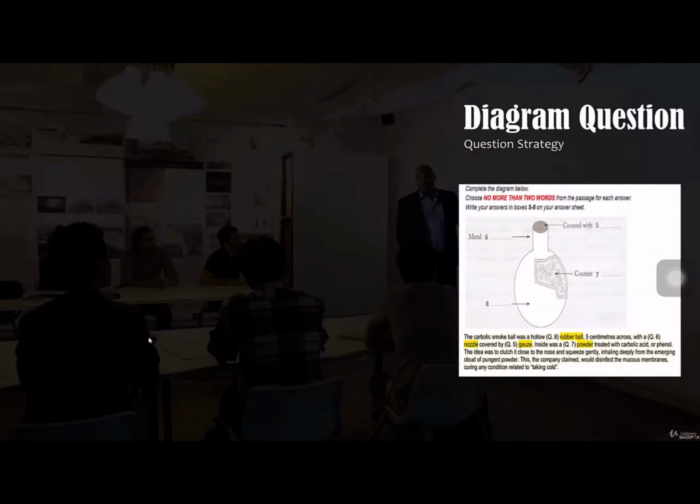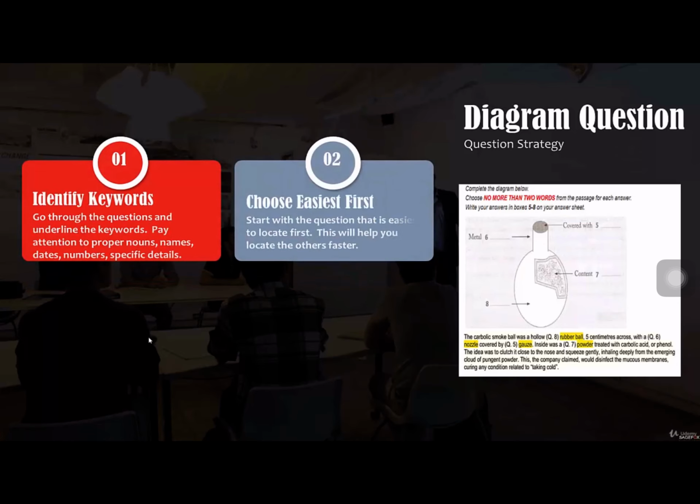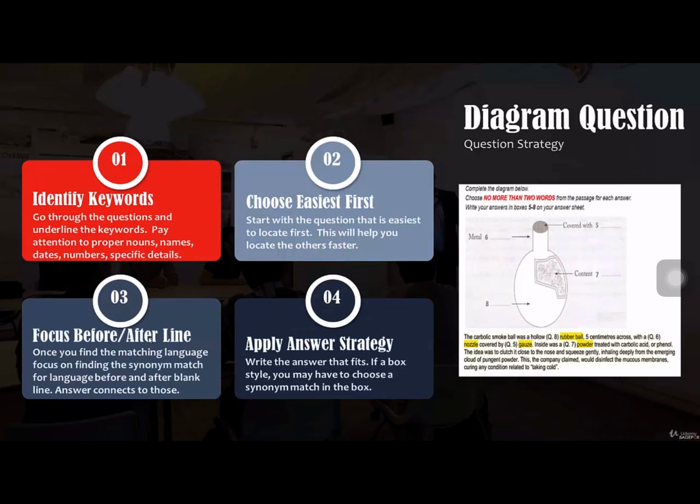So with the diagram question, in terms of the question strategy, of course you have to identify the key words on the diagram if it has words. So for example, for this one you have the word metal, you have the word covered with, you have the word content. That's really important language because that language is going to connect to the answer choices.